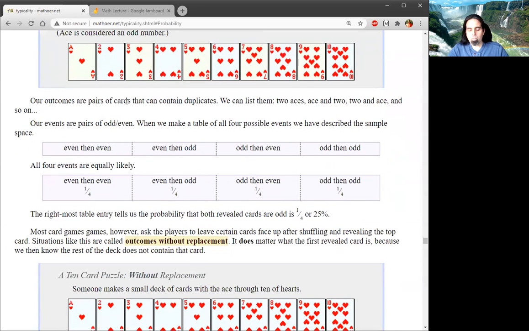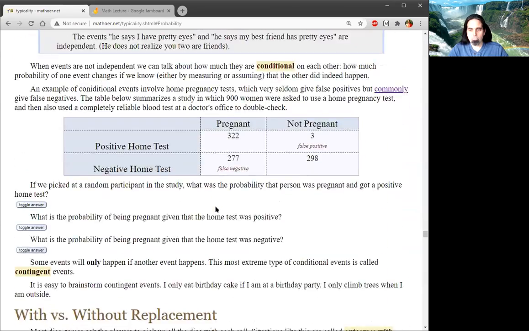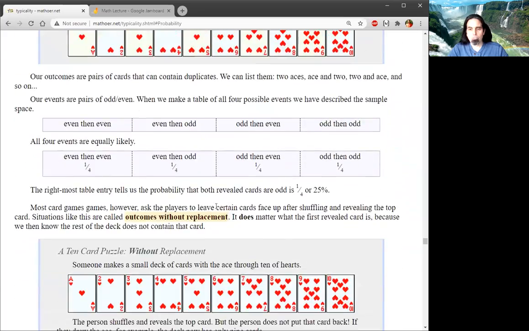So our outcomes are pairs of cards. They can contain duplicates. If we wanted to, we could list them, double aces, ace and two, two and ace, and make a chart just like our dice had up above. But that would be a big chart, 100 different boxes. I don't want to do that. Our events are pairs of odd and even.